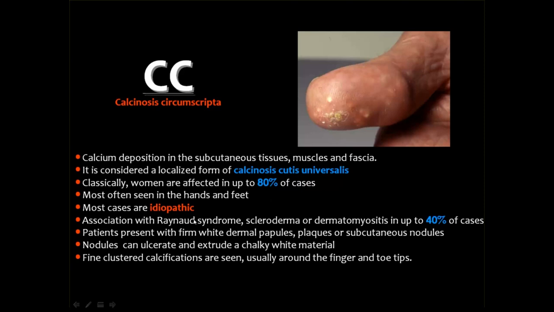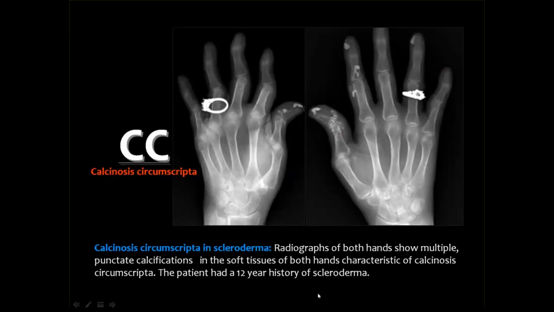There is some association with Raynaud's phenomenon, scleroderma, and dermatomyositis in about 40% of the cases. Patients present with firm white dermal plaques or nodules, and you see these nodules of calcium present in the subcutaneous area.